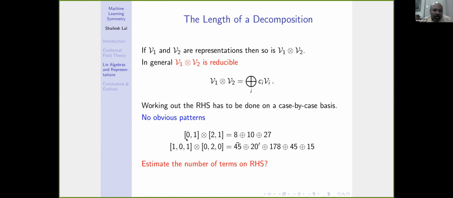So the grand goal could be machine learning what the right-hand side is, but we could do a simpler problem for the moment, which is just to estimate the number of terms on the right-hand side. And actually even this, there's no formula for this, and again there's no obvious pattern for this either.